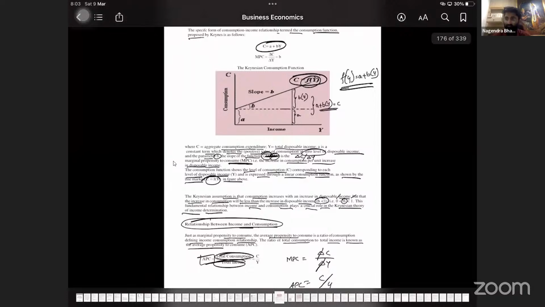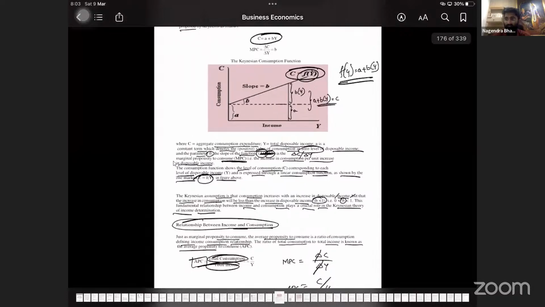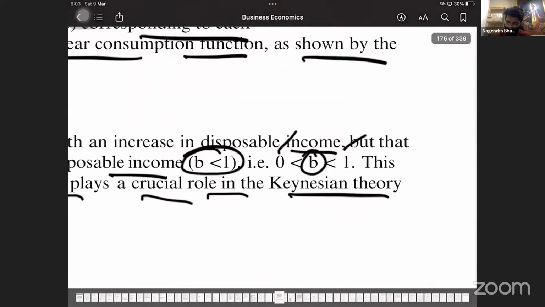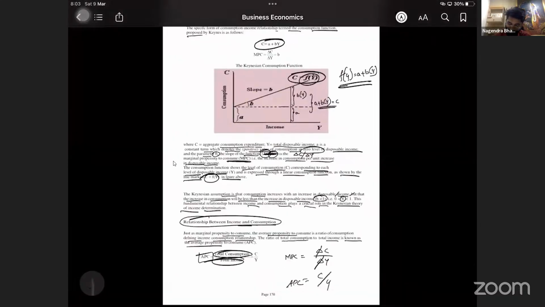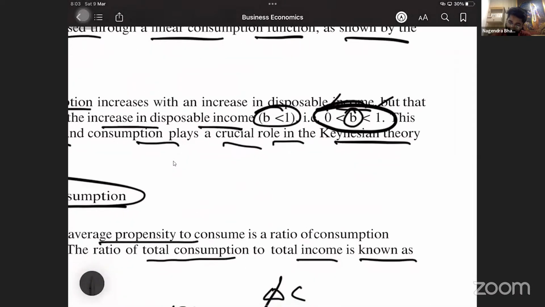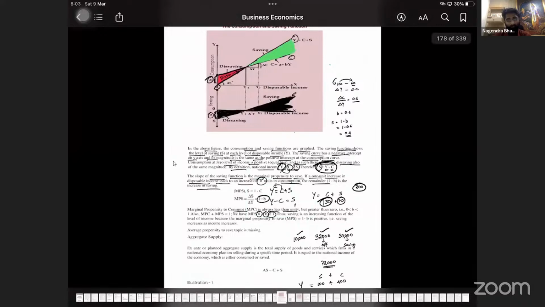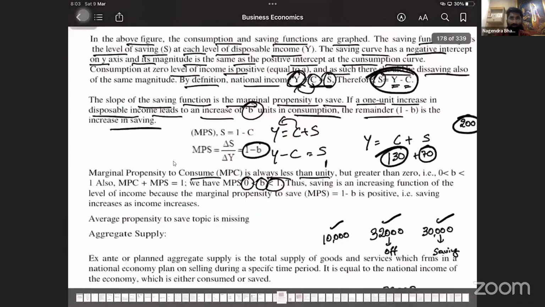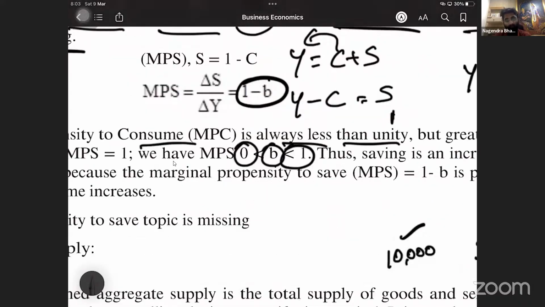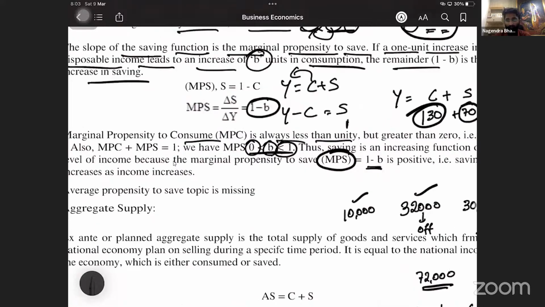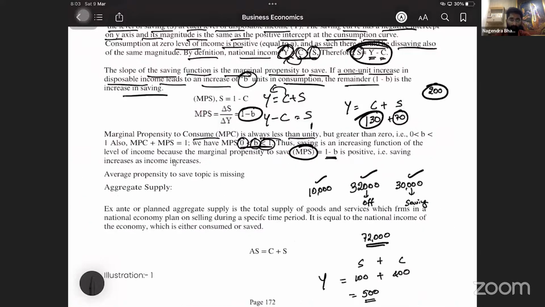We already discussed about this in the previous pages. So that is given here again. MPC is always greater than 0, but always less than 1. That means MPS is also always greater than 0, but always less than 1. How to calculate MPS? 1 minus B. This is MPS. MPS is also positive.